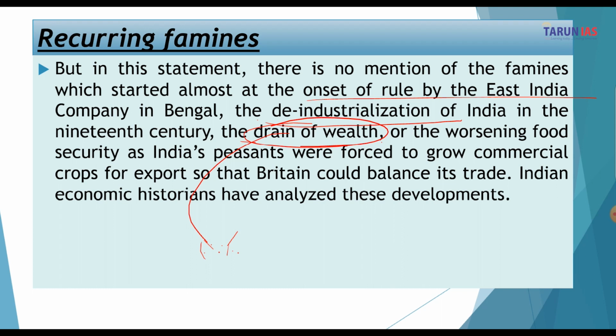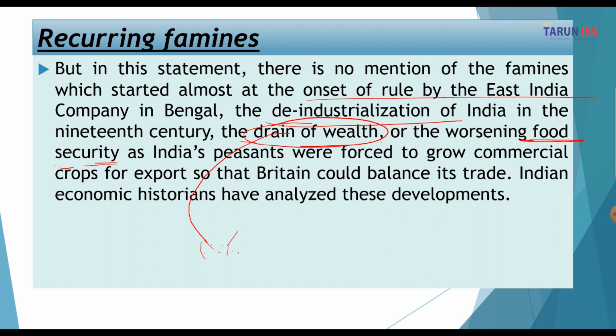We have Romesh Chandra Dutt. We have several other economists who very well documented the impact, especially the economic impact of British colonial rule in India. The worsening food crisis, and in fact the worsening food security, was the major reason for the famine that took place in the year 1943.